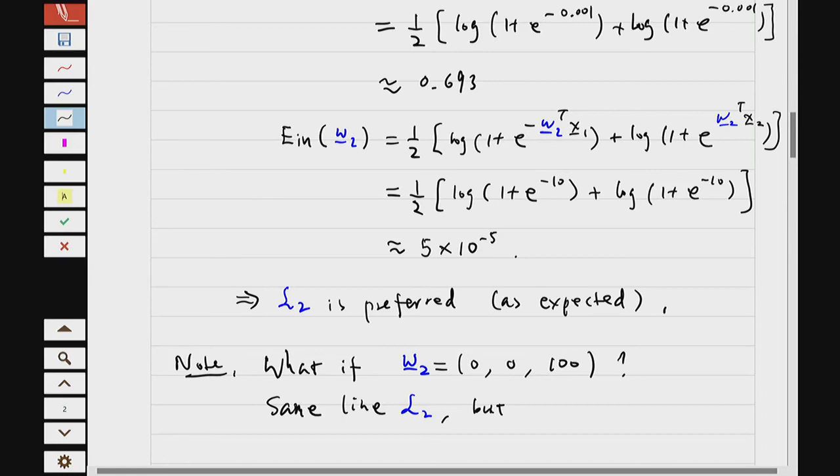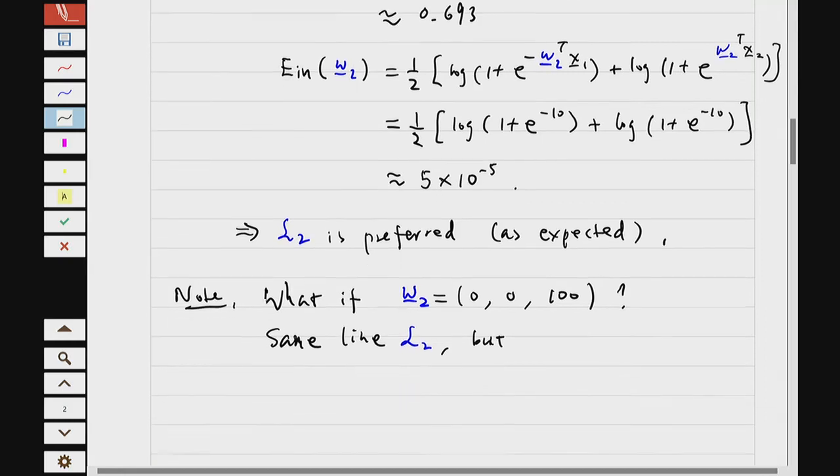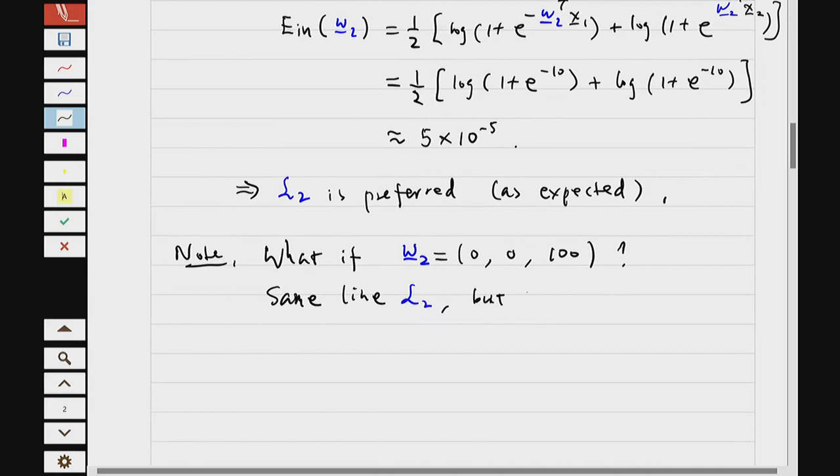Say I fix the norm of W to be 1 in both cases and then compare them. That's a very important point to note. But the loss, E in, is now much lower.